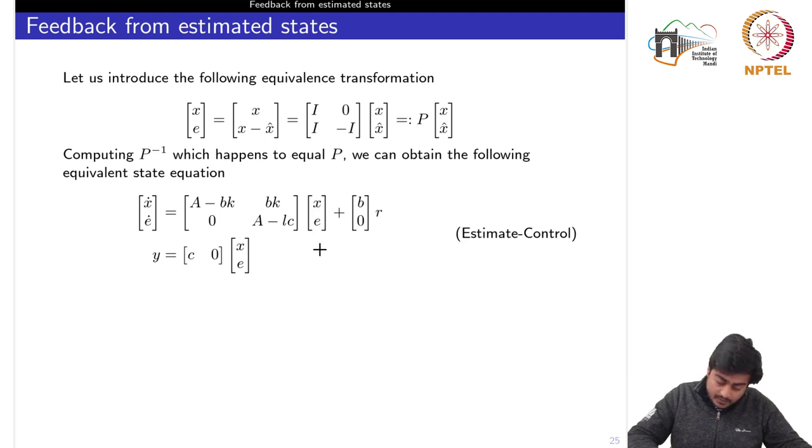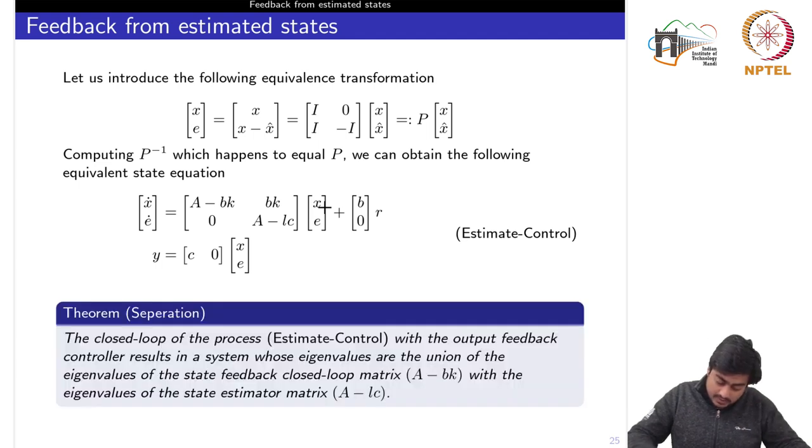So this representation is basically equivalent to the representation we had seen in the last slide, which was in terms of x tilde.